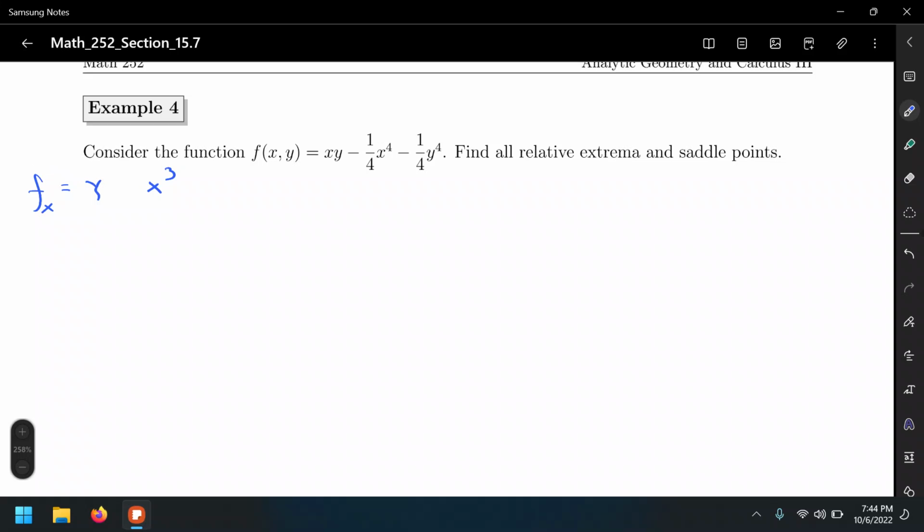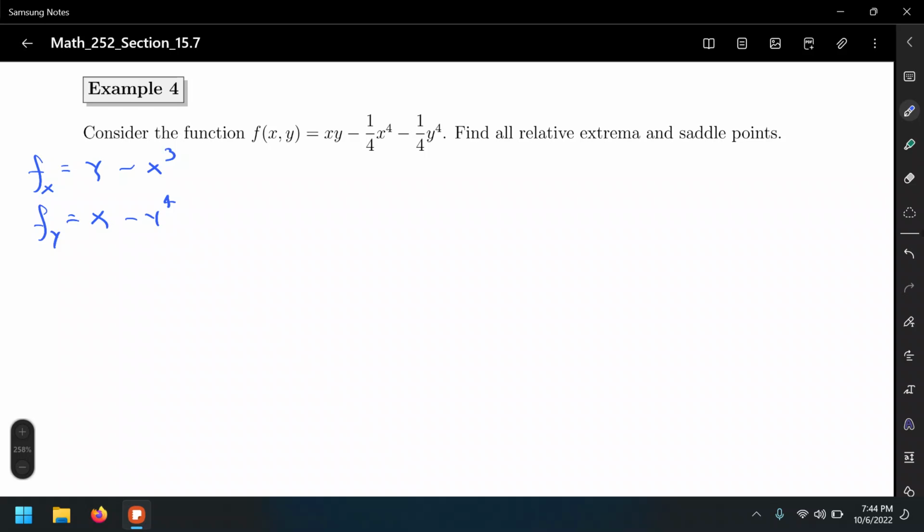And f with respect to y, the derivative of the first term is x. The derivative of the second term is 0 because it's constant with respect to y, and minus y to the 4th power. All right. So in this case, y to the third, yes, to the third.